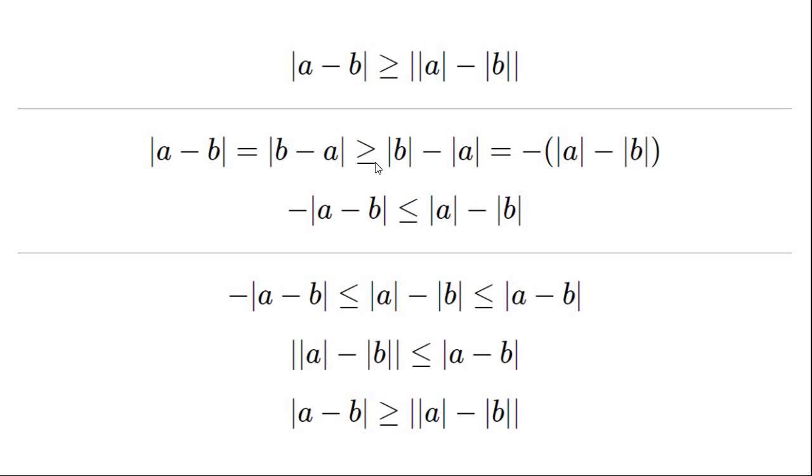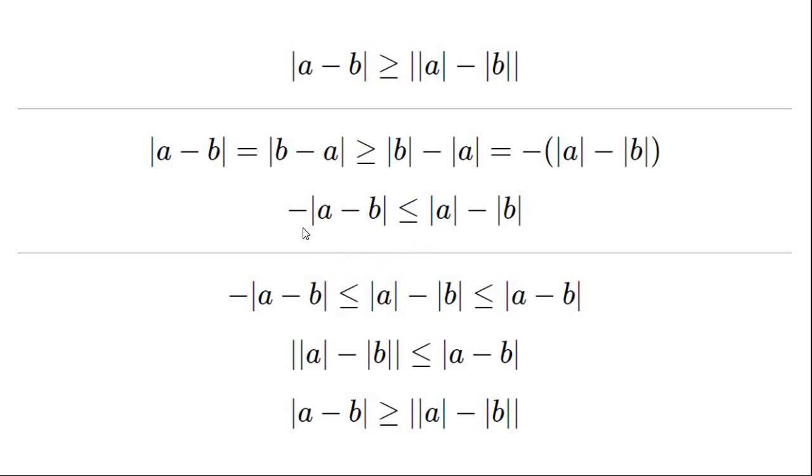And we know that that's got to be greater than or equal to the absolute value of b minus the absolute value of a, which we know we can rewrite as negative (the absolute value of a minus the absolute value of b). And now if we multiply both sides by negative 1, we see that negative (the absolute value of a minus b) must be less than or equal to the absolute value of a minus the absolute value of b. The direction flipped because we multiplied both sides by negative 1.